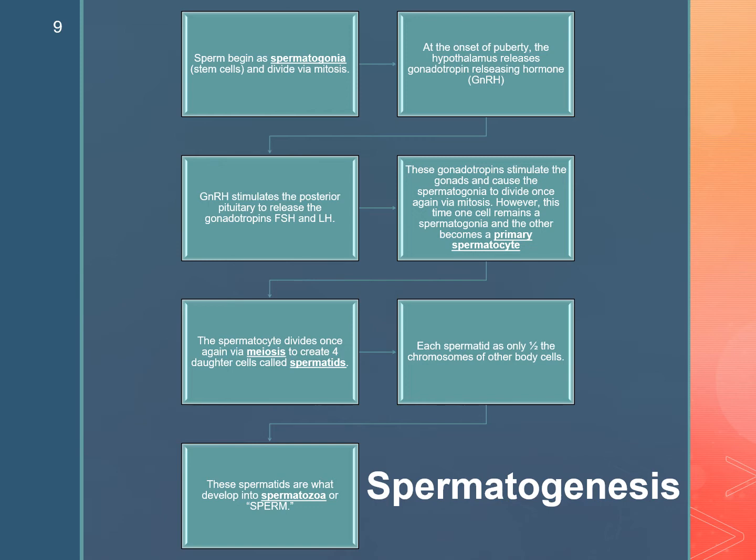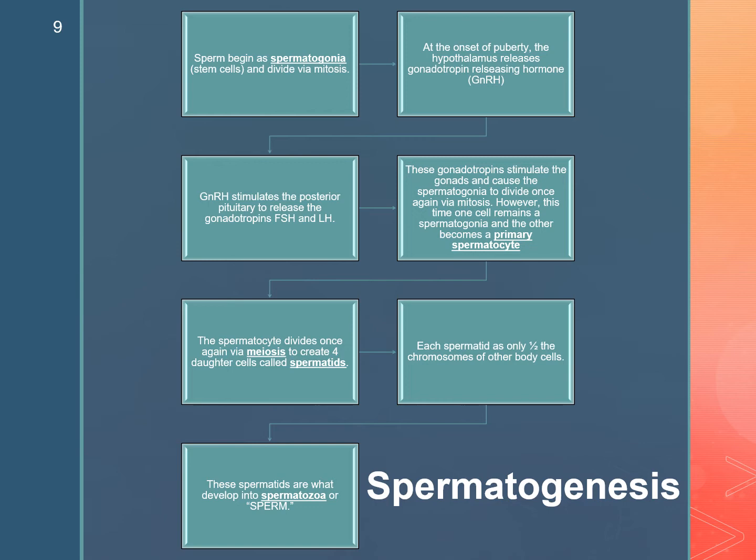Now, remember that microscopic image that we looked at of the cross section of the testicular tissue, and we saw those seminiferous tubules. Well, these spermatogonia live on the periphery of those seminiferous tubules, and as they divide, they're going to migrate towards the center. Okay, so that's what's happening here. So the spermatogonia are in the periphery.